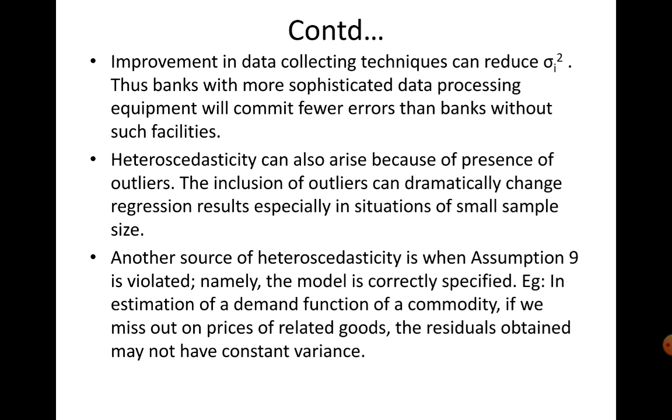Another important source of heteroscedasticity is the presence of outliers. Outliers are those values which are either very large or very small relative to the remaining observations in the sample. So inclusion of these outliers can dramatically change regression results, and this is more so if you have a very small sample size. When outliers are included in your sample data, you can expect heteroscedasticity.